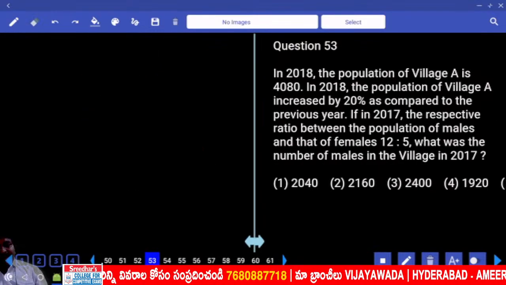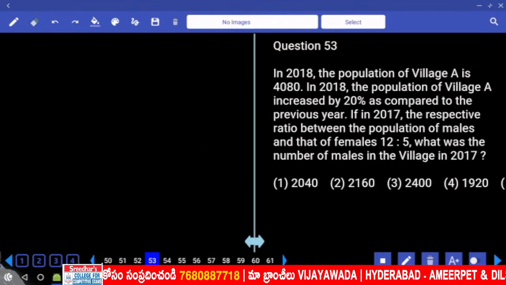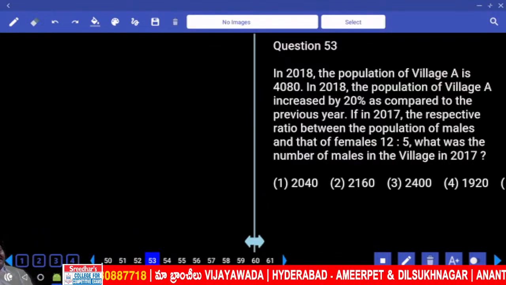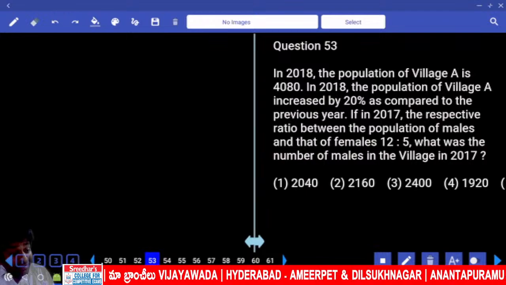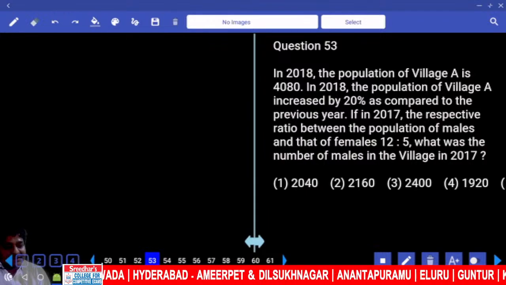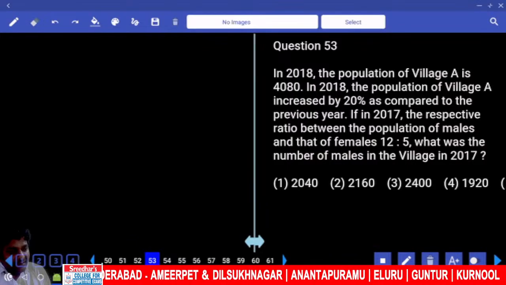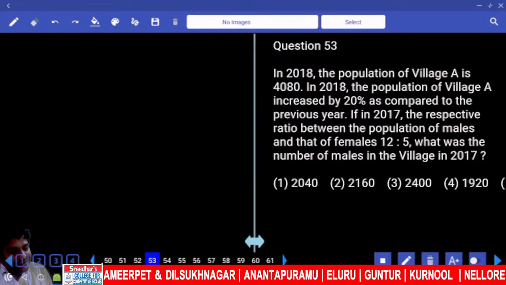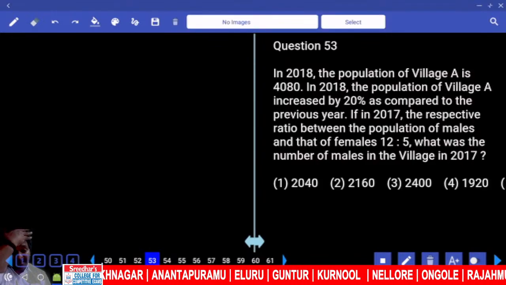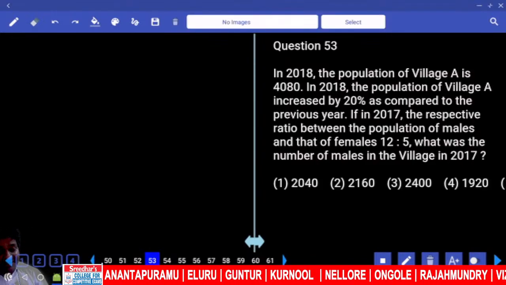In 2018, the population of a village A is 4080. In 2018, the population of A increased by 20% as compared to the previous year. If in 2017, the respective ratio between the population of male and that of female is 12:5, what was the number of males in the village in 2017?